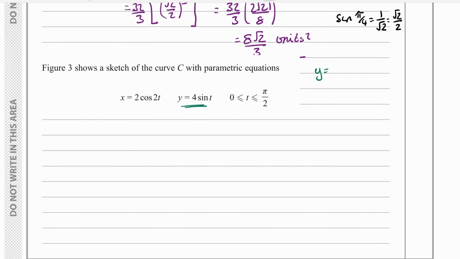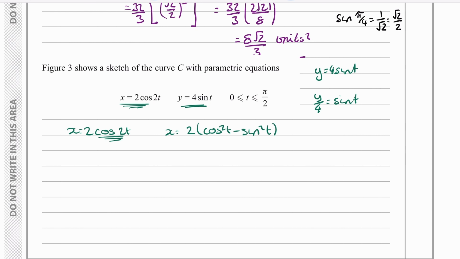If y is equal to 4 sine t, then y over 4 will equal sine t. So moving on to the x, this will be 2 cos 2t. We can use a double angle formula here. So x will equal 2 lots of cos squared t minus sine squared t.